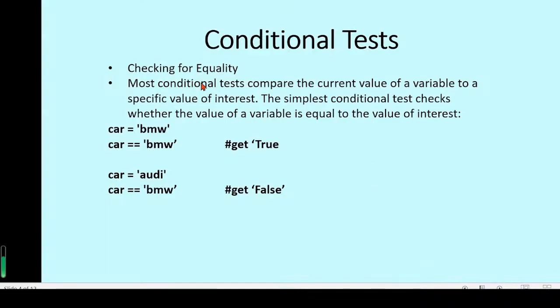So, checking for equality. Most conditional tests compare the current value of a variable to a specific value of interest. The simplest conditional test checks whether the value of a variable is equal to the value of interest. So if the value is BMW, then we check car equals BMW, then get true. And if the value is Audi, and we check if car equals BMW, then we'll get false.